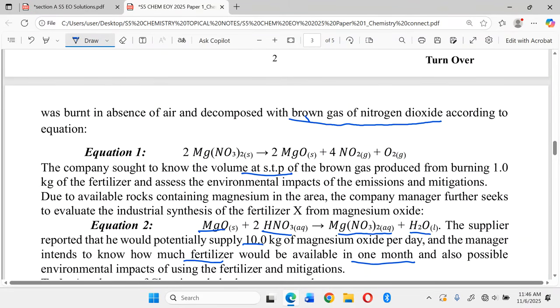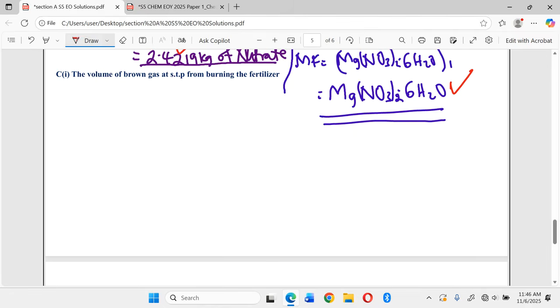The company wants to know the volume at STP of brown gas produced from burning 1 kilogram of fertilizer. So what do we do? Let's try it out very fast.